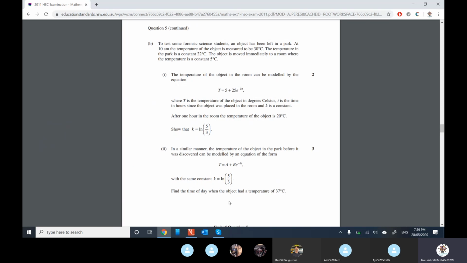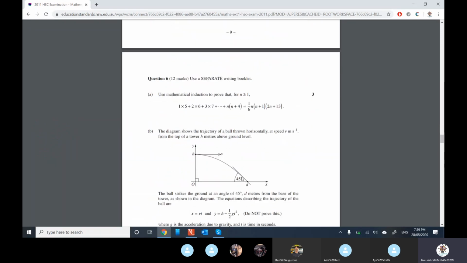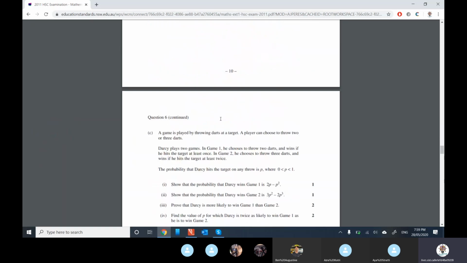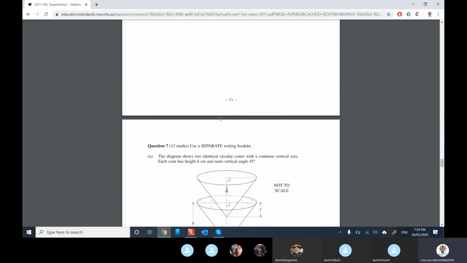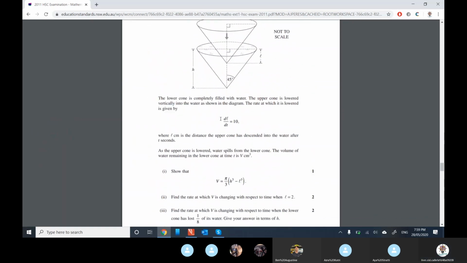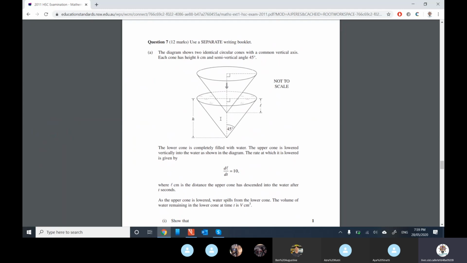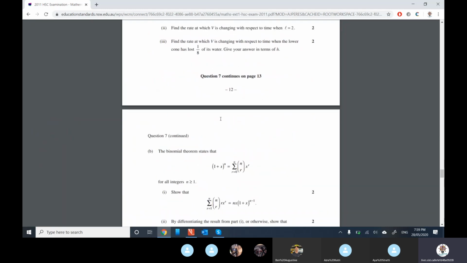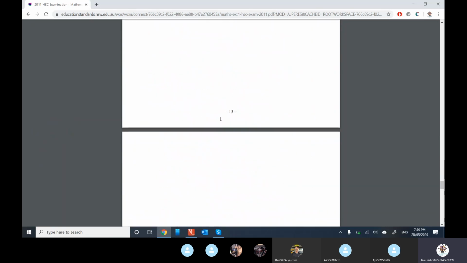And then find the time of day when the object is 37. So now that you know T is 37, I'm guessing A and B might be very similar to 5 and 25 or something close to it. k is the same constant, and then you just have to solve for T. Such an easy question. All right, it would be that, but I can tell that's going to be way too hard for us to do right now. It's a shame.